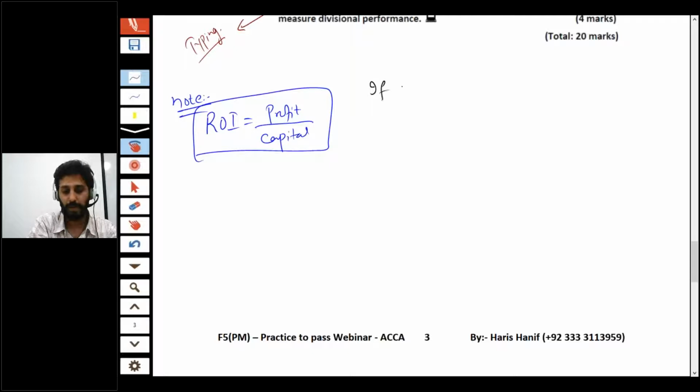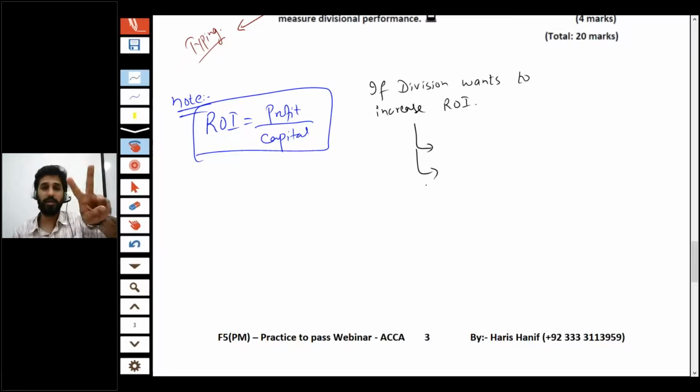If a division wants to increase ROI, there are two ways. There are two ways. If a division wants to increase ROI, there are two ways.